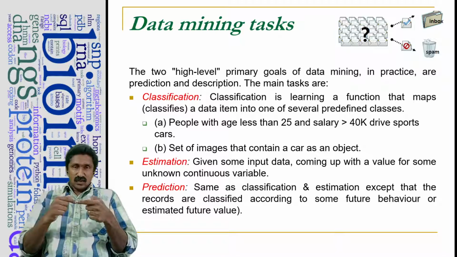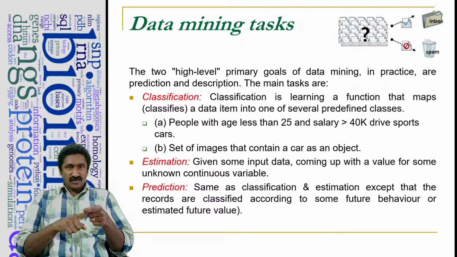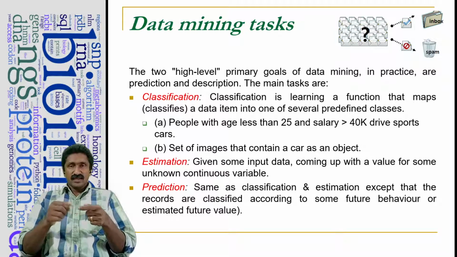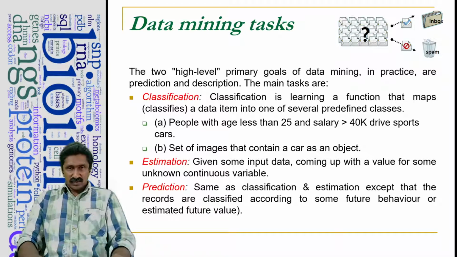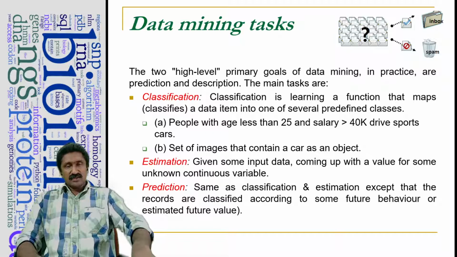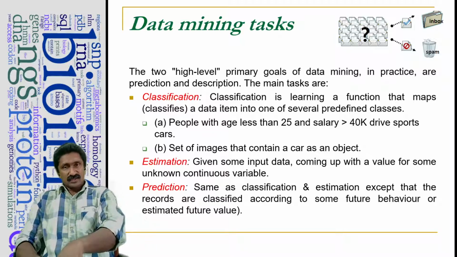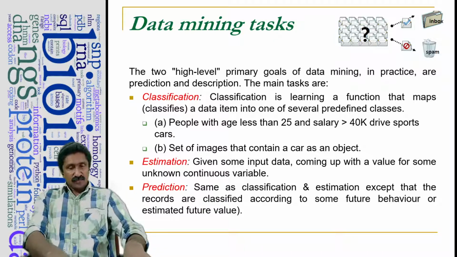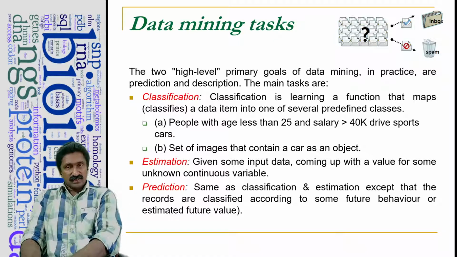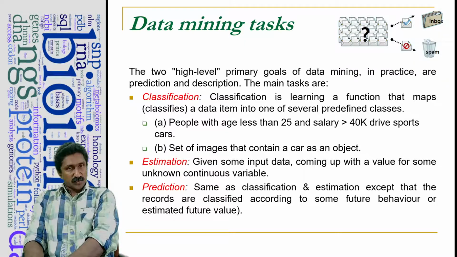To reach that conclusion, you need to verify that the person's age is 25 or less. So you need to analyze all the groups and reach a conclusion: the age is under 25 and their salary is higher than 40K. If both conditions are met, there's a higher incidence of sports car usage.